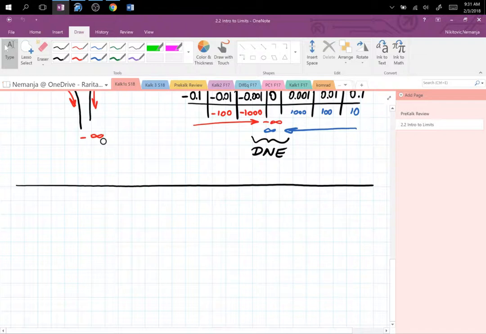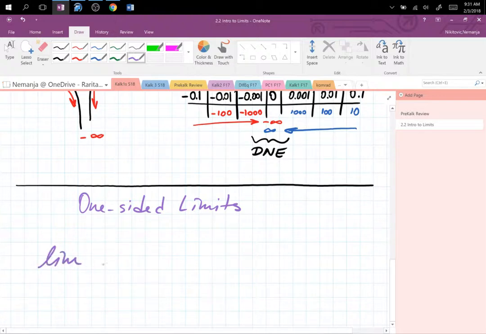Now let's first write down one-sided limits. Let's do the purple. So we have the limit as x approaches a minus of f of x.